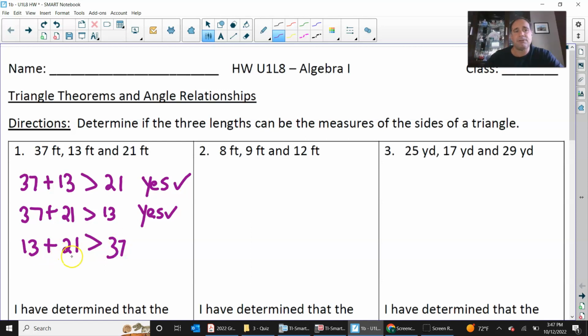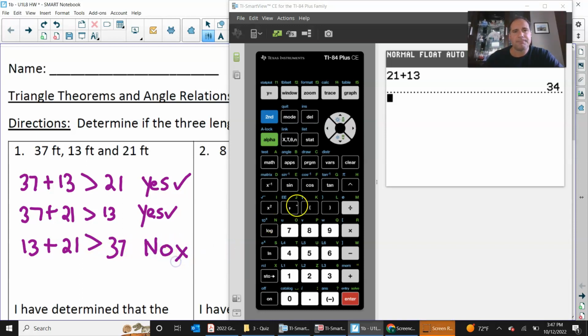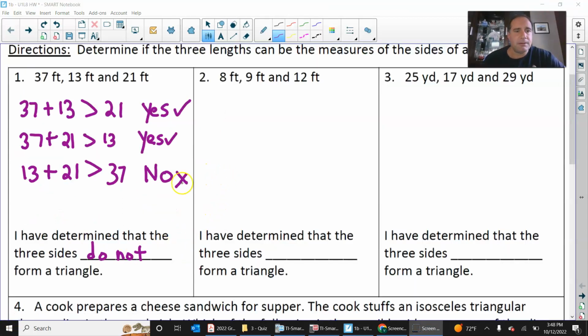Now, if you think about it, 21 plus 13, just to make sure, get your calculator out, 21 plus 13, 34 is not greater than 37, so you're going to put no for that one. So I have determined, since the last one does not work, that these 3 sides do not form a triangle. Let's go on to the second one.